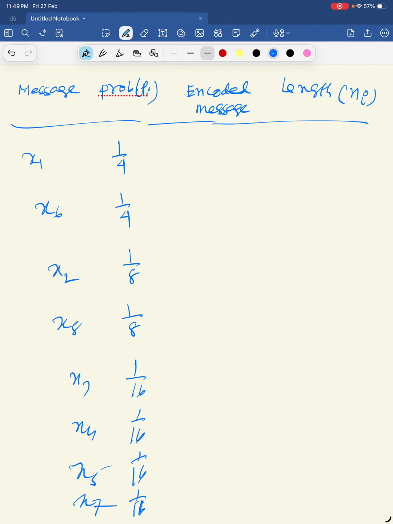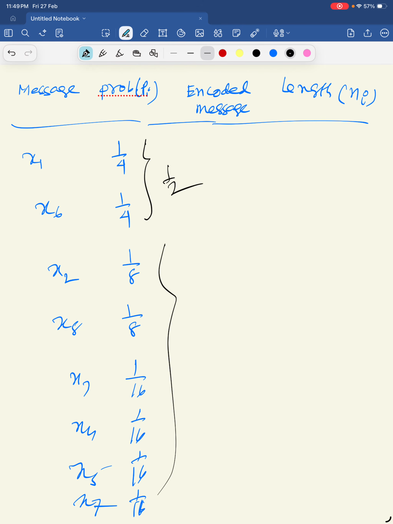Now, what is the first target? The first target is to make two groups of equal probability. Suppose we add these two: 1 by 4 plus 1 by 4 gives half.